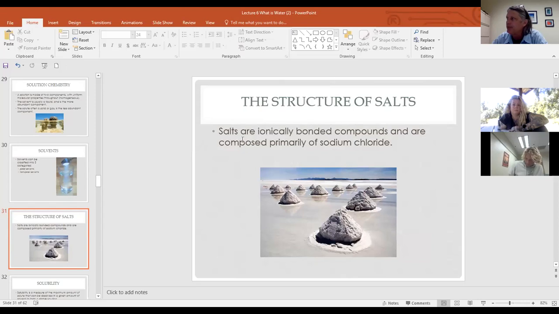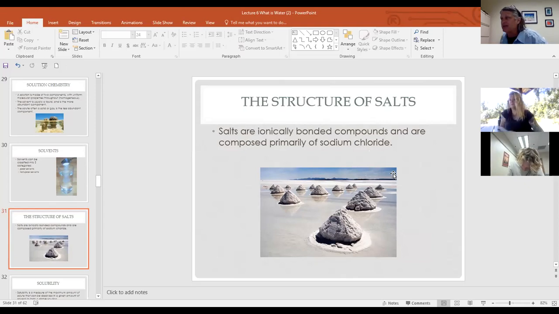Now salts, because they're ionically bonded, they're made of your metal, which is a positive ion, your non-metal, which is negative, and then water dissolves them. The primary is sodium chloride, but as you saw from the list, there's many other dissolved ions in water.